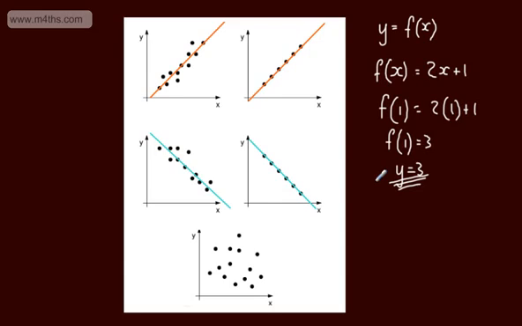With our scatter plots, we get something very similar. We have what we call the explanatory, which is the independent, and then the response, which is the dependent. So for example, if we thought about temperature and ice cream sales, as the temperature increases, the ice cream sales increase. So it's a cause and effect.